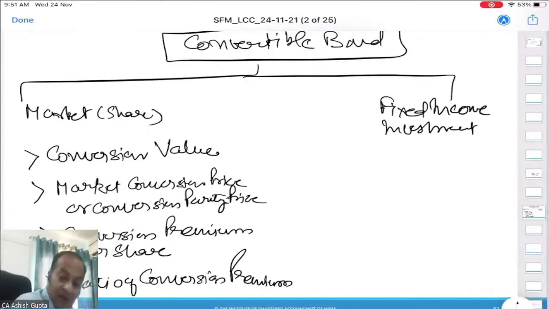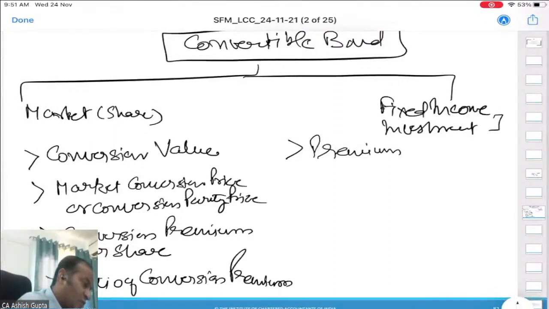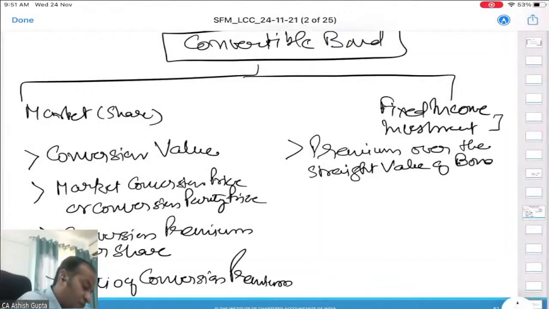Similarly, we can view this as a fixed income investment. Our first analysis will be the premium over the straight value of bonds.